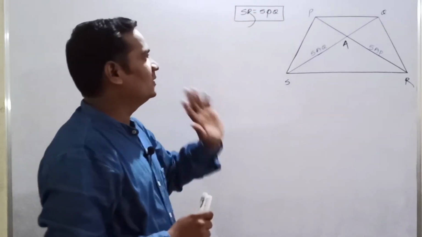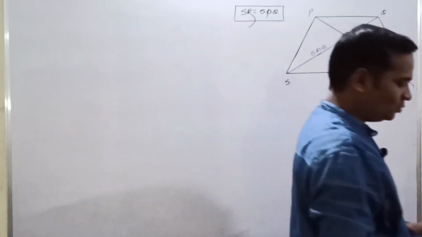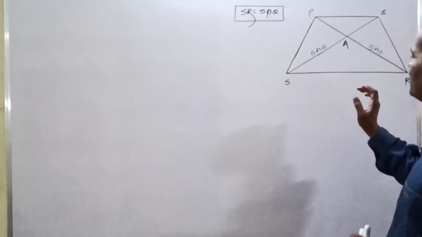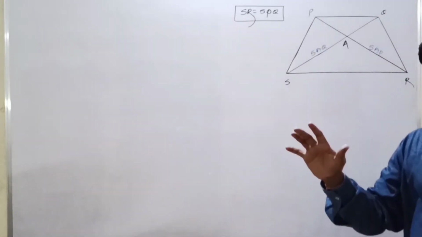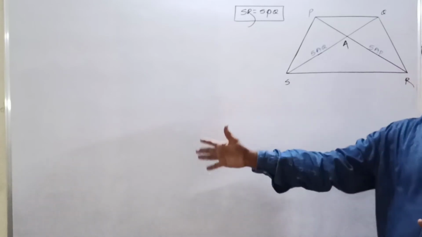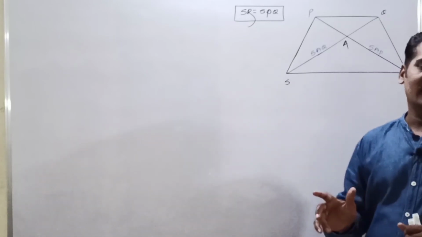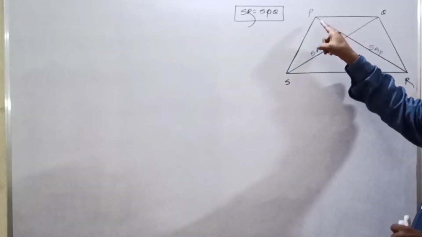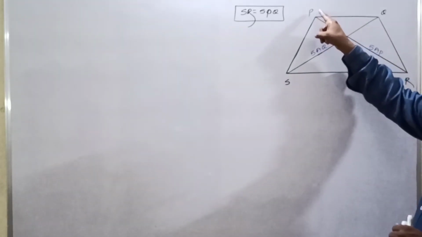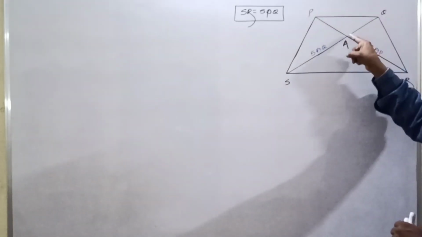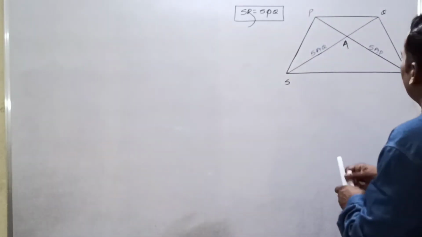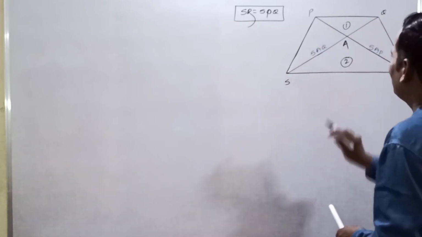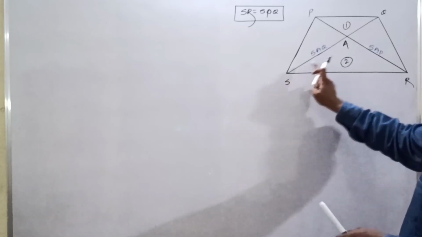Now to prove that, we have to take any two triangles in this figure. Which two triangles are we going to take, and then we will prove that the two triangles are similar by angle test? Look at this triangle PQA, this first triangle PQA, and this second triangle RSA.